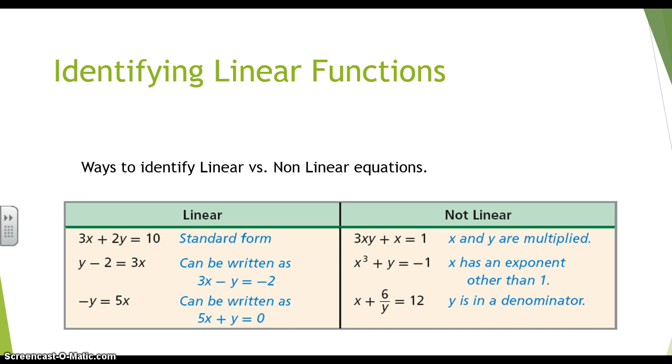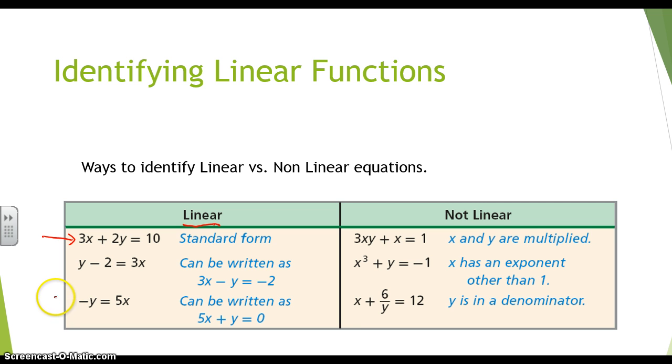So another way to determine linear functions is if you see an equation written in standard form, like shown here as 3x plus 2y equals 10. In standard form, that's represented as a linear equation.